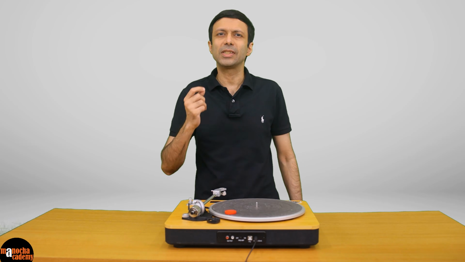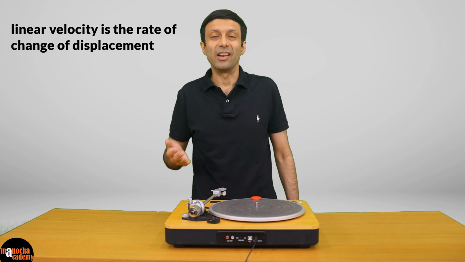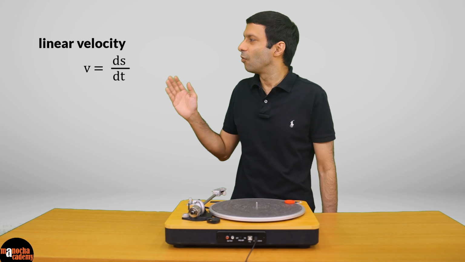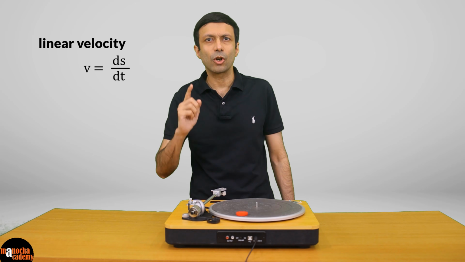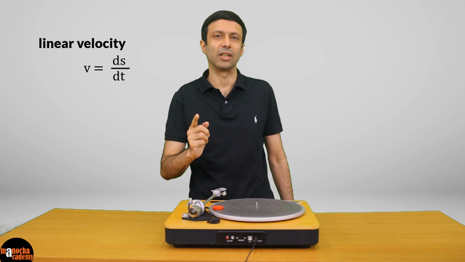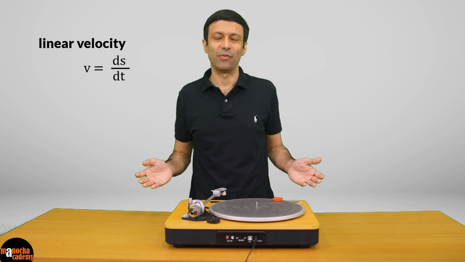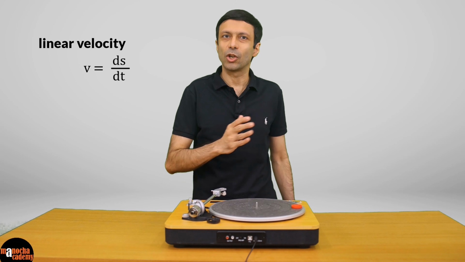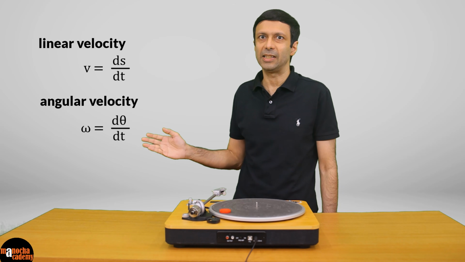Linear velocity, or simply velocity, is the rate of change of displacement. The formula is v equal to ds by dt. Remember, linear velocity is along the tangent to the circle at a point, so we can also call it the tangential velocity. And for angular velocity, our formula was omega equal to d theta by dt.